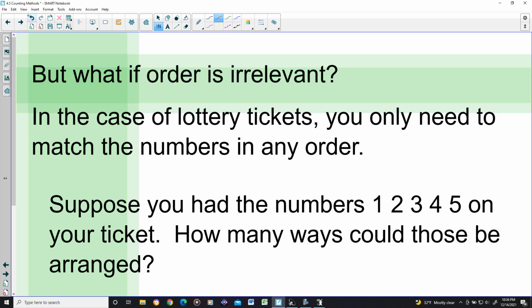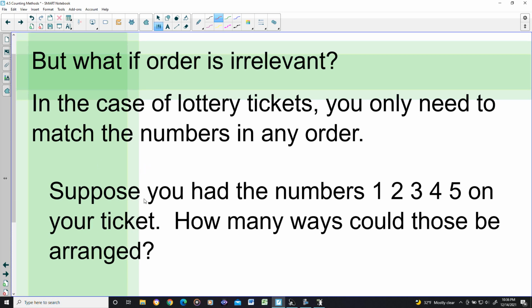So your job is to select the correct 6 numbers, order notwithstanding. Or if I need to get a group of people from class to do something and there's 15 kids in class and I need 3 students, the order that I pick them doesn't matter. I'm just going to pick 3 students.